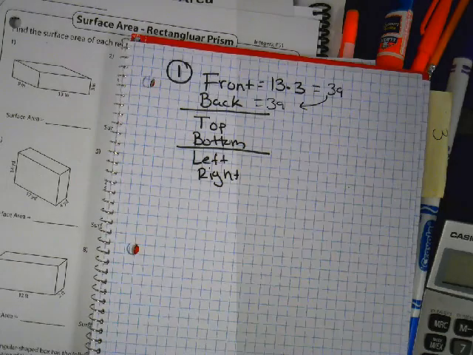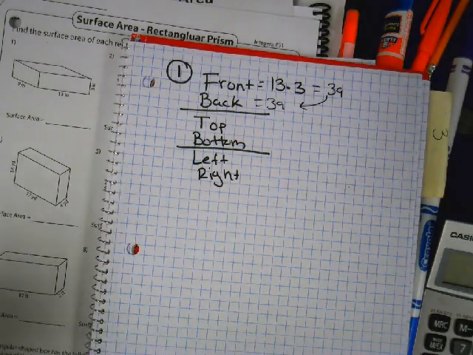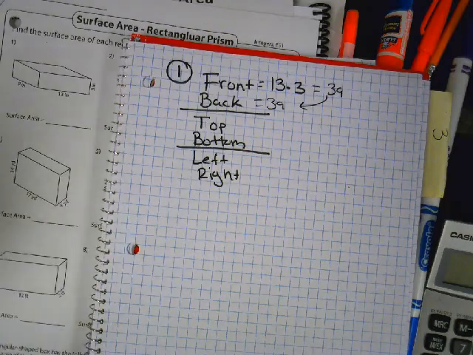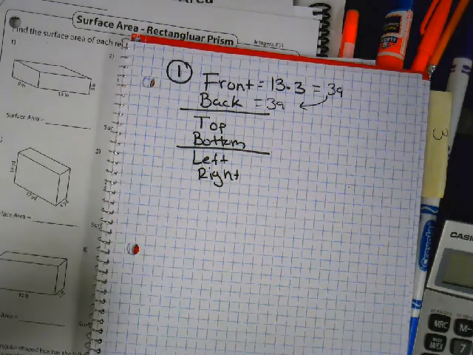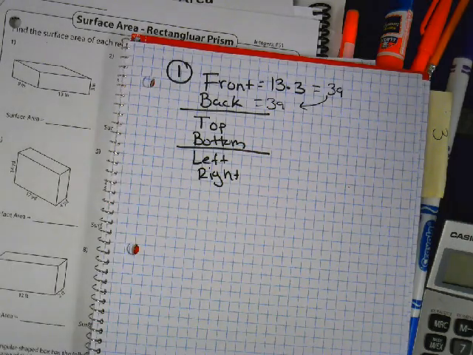Now this was the trickiest one for this problem. The top. Trace the top and think of what are the 2 numbers that I need for the top. So trace the top in your packet. This is the hard one because there's no numbers when you trace.